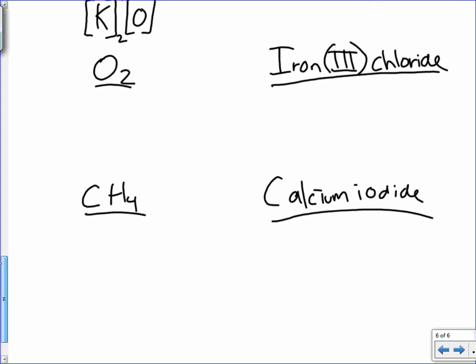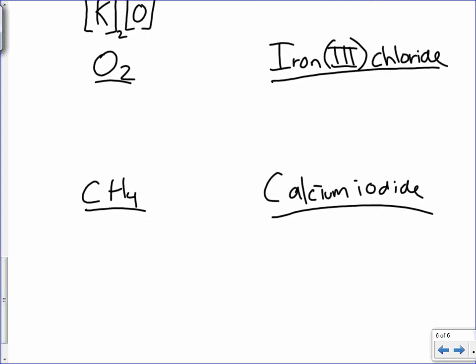Okay, next one, O2. This is covalent because oxygen is a nonmetal. So we'll draw in oxygen and oxygen. Okay, let's put in our valence electrons. All right, so oxygen, having 6 valence electrons, needs 2 more. So what it's going to do is share 2.